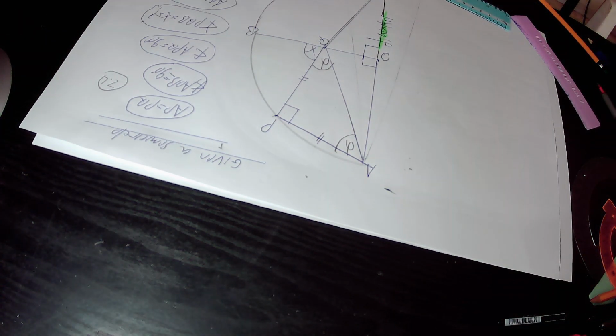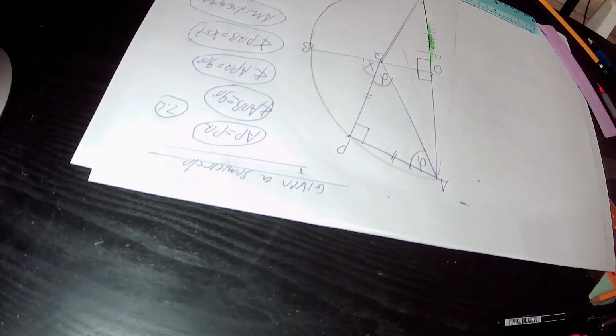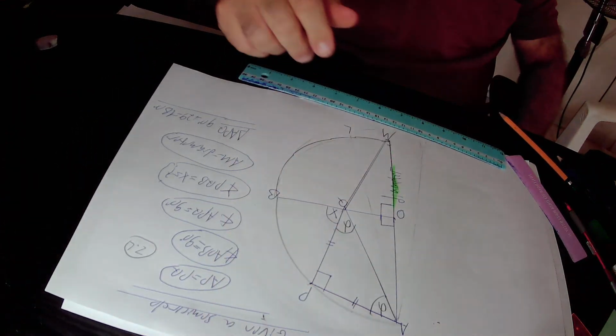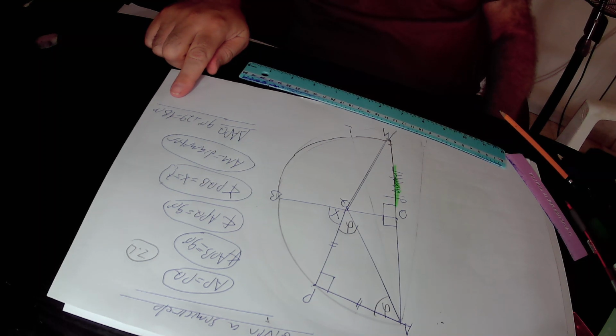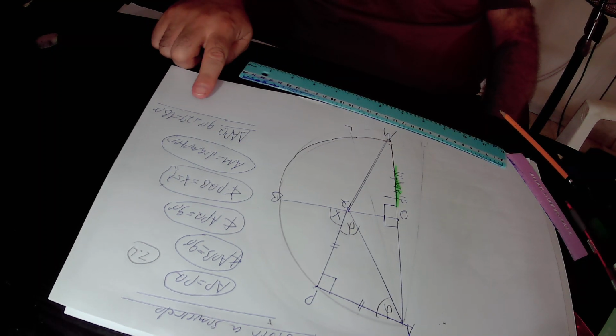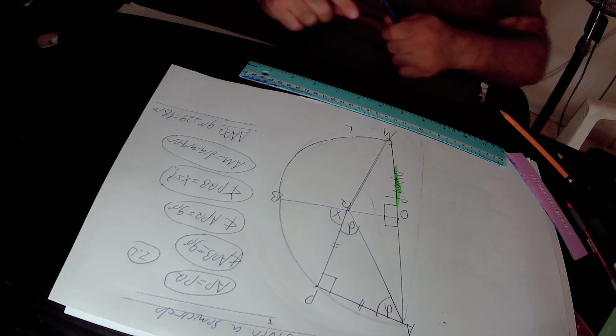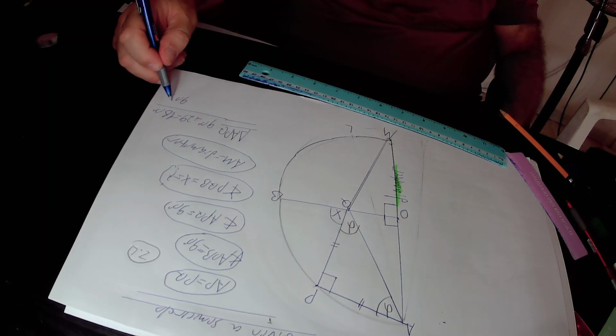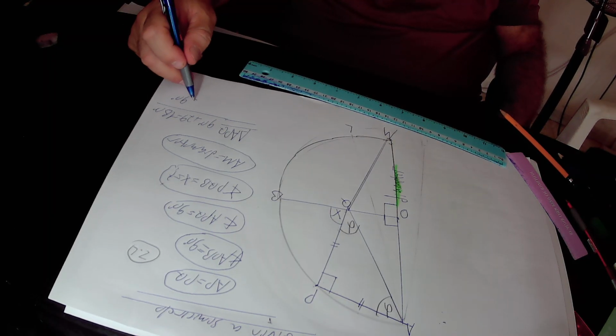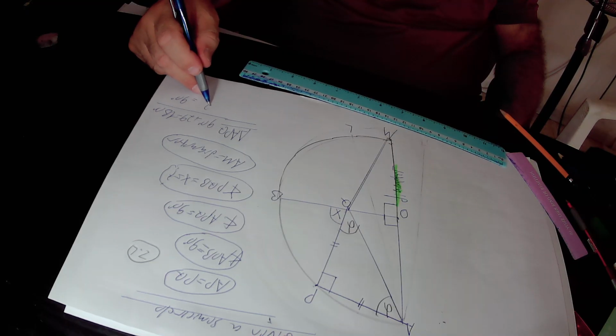Here we subtract 90 degrees from this equation. 90 degrees plus 2 alpha equals 180 degrees. We subtract 90 degrees from this equation, and we get that 180 degrees minus 90 degrees is 90 degrees. So we found that 2 alpha equals 90 degrees.